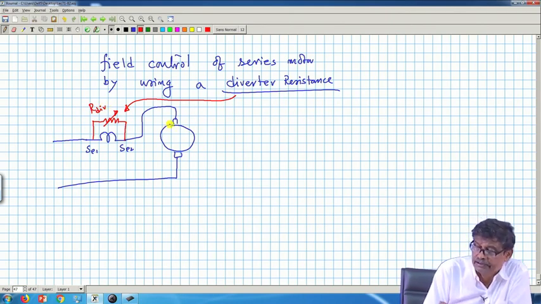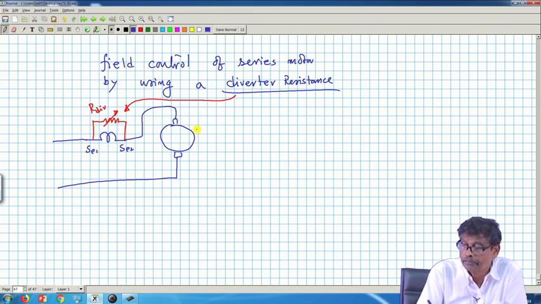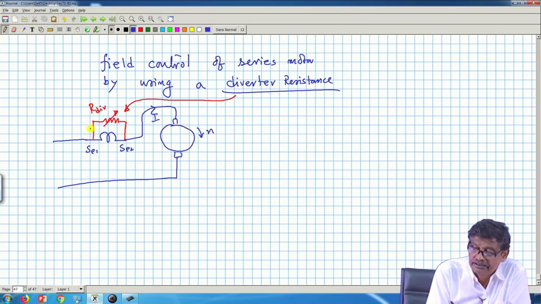Then what happens is this: when the machine is running steadily at a certain RPM n and drawing some current I, the field current you have been able to make different from I, because this current is, suppose, ID, and this current is IF.